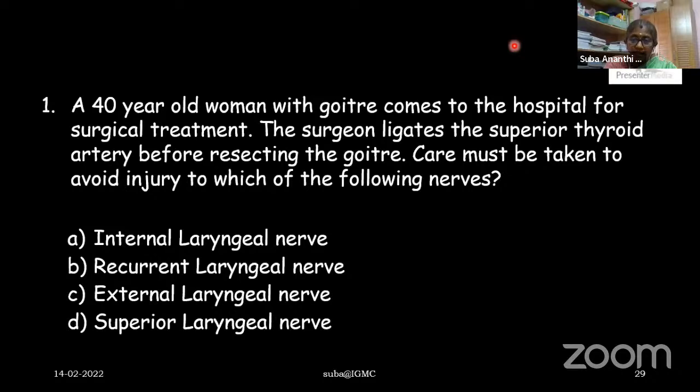So when you ligate the superior thyroid artery, to avoid injury to the nerve involved, the nerve accompanying the superior thyroid artery. So which nerve is injured? Which nerve is related to the superior thyroid artery?